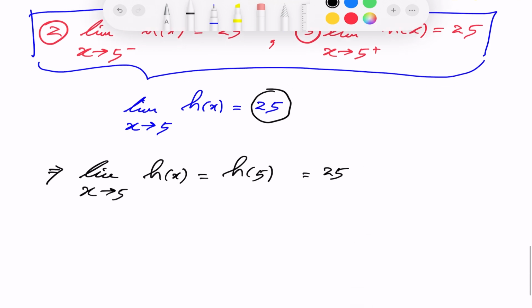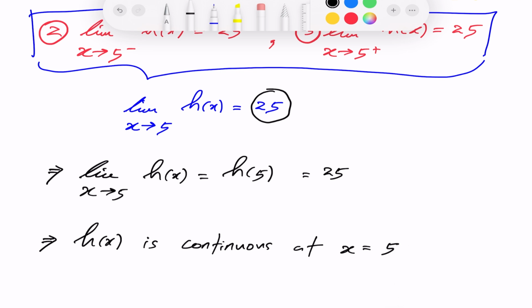Now, because of that reason, we say h of x is continuous at x equals 5. Please also note that if necessary, this part can be replaced by both left and right hand limits.